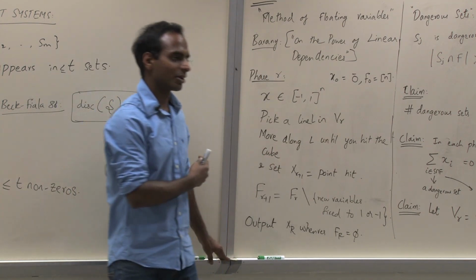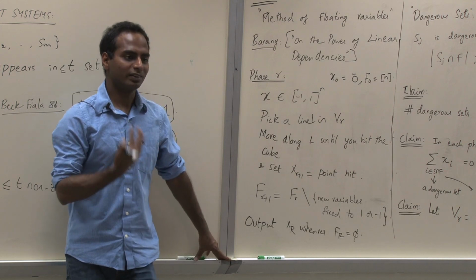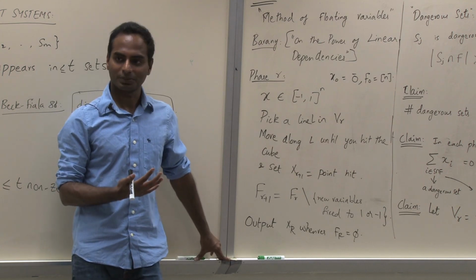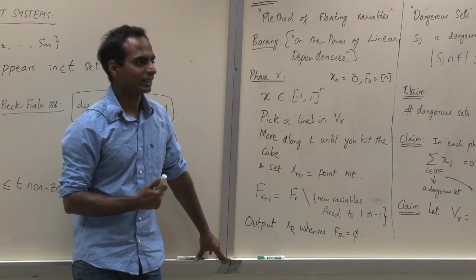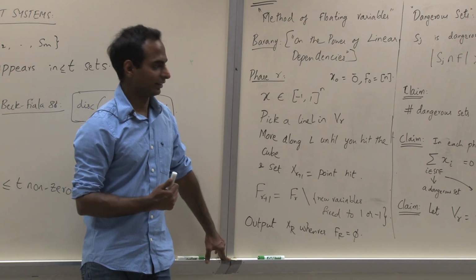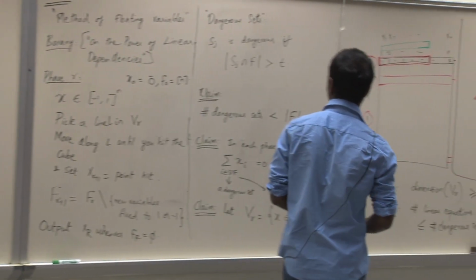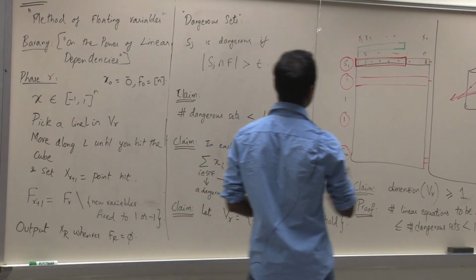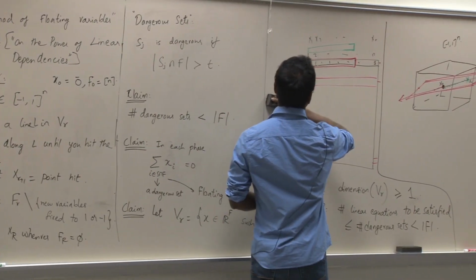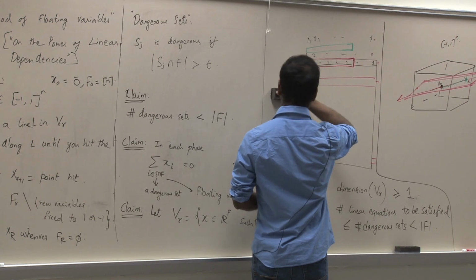Well, that's very good in terms of the algorithm, but we haven't proven anything about what it does to the discrepancy. But that's not too hard. It's actually very elegant. Let me erase this part.